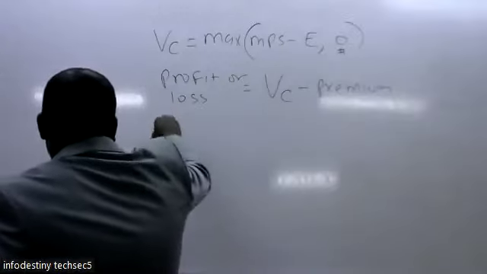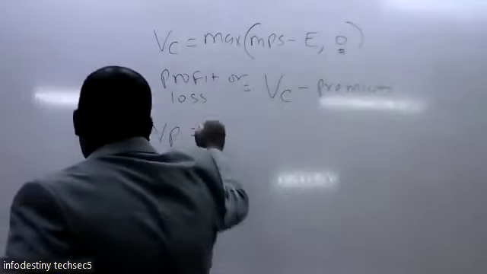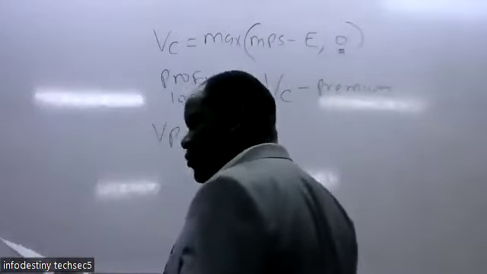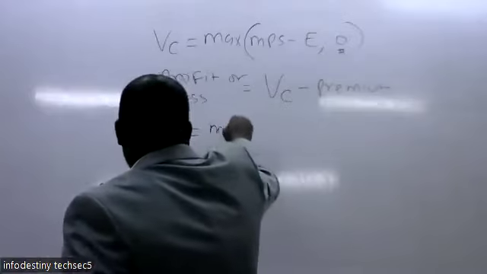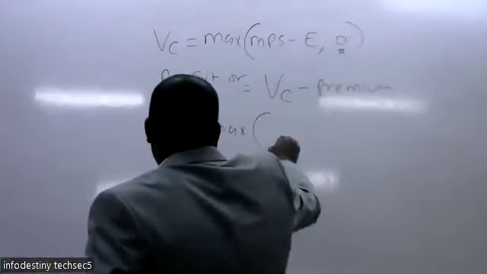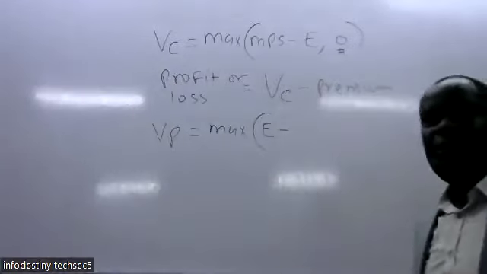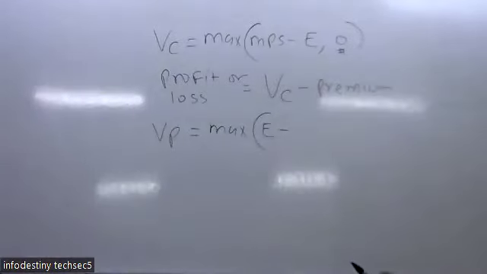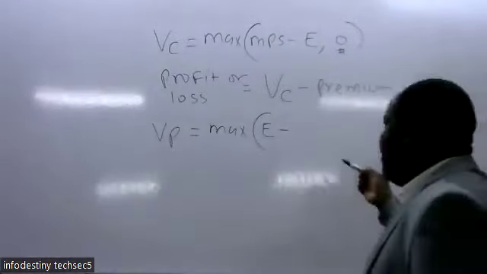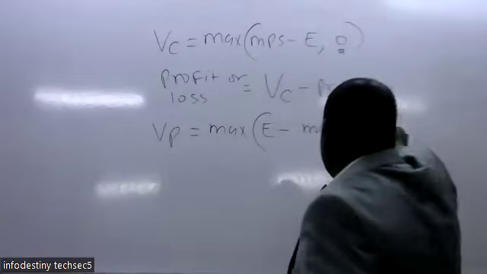So let us now also see how to get the value for the put option. Value of the put option should be equal to maximum. So now we reverse. For the put option, you start with the exercise price. Then you subtract the market price of the security. Also, it should not be a negative.